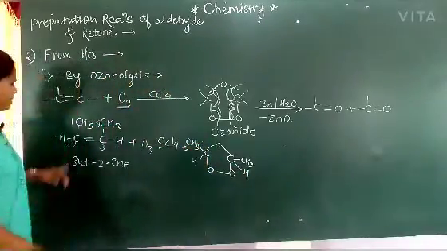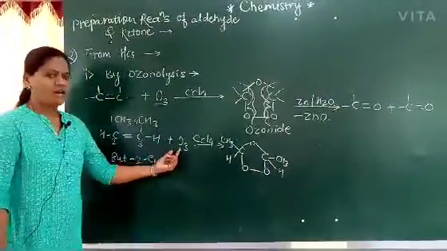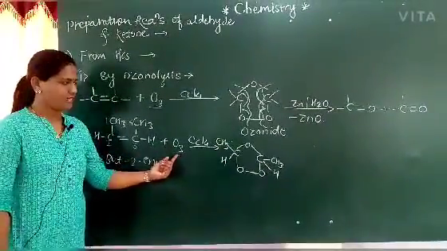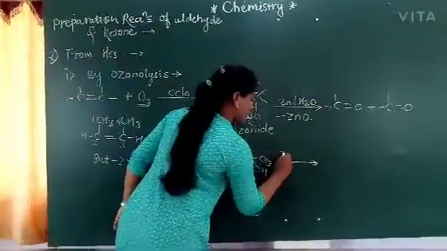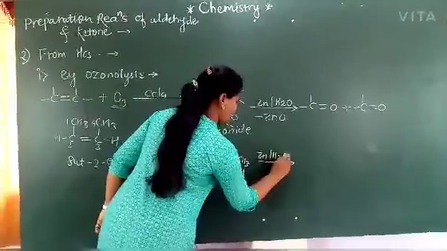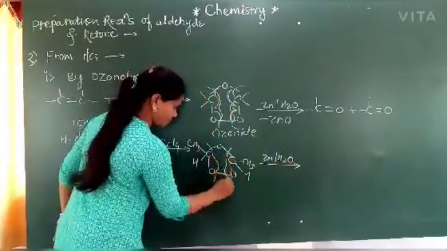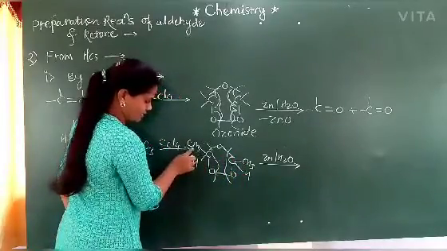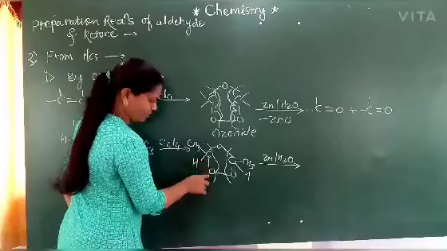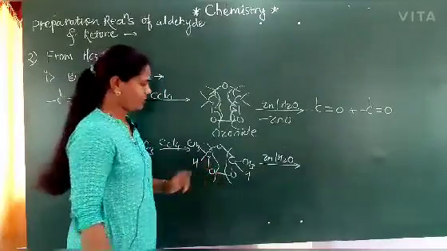See, I have written the remaining part as it is, just in between two carbon atoms addition of ozone takes place. Now further, this ozonide undergoes hydrolysis in presence of zinc, then it forms CH3 CH double bond O, CH3 CH double bond O. It means that two acetaldehyde molecules will form.